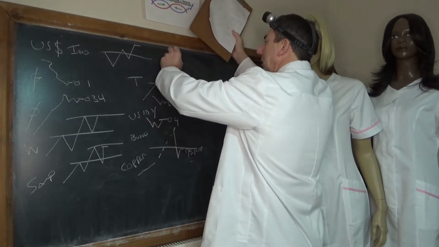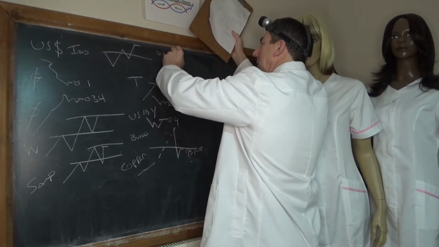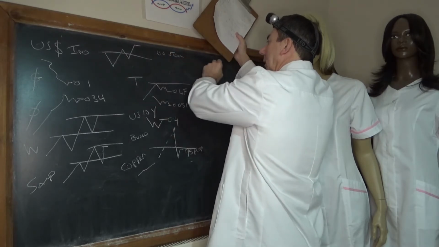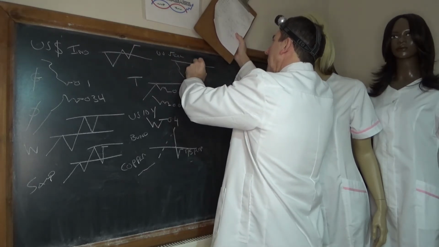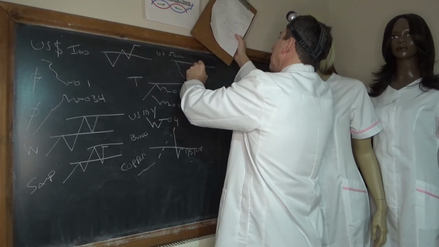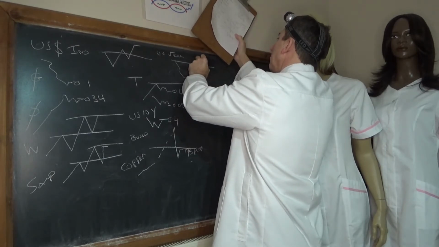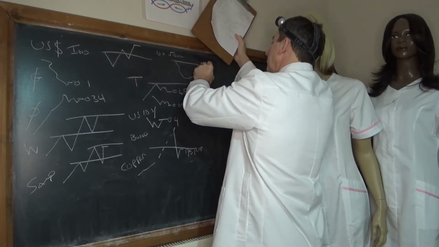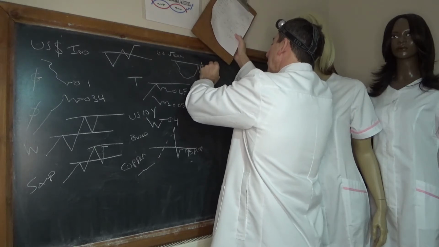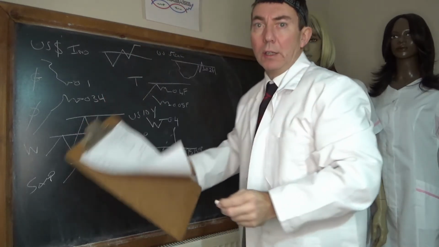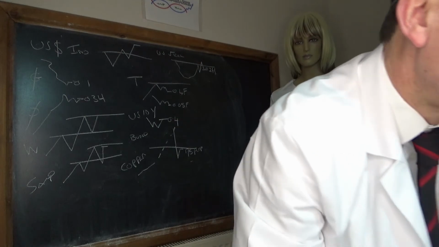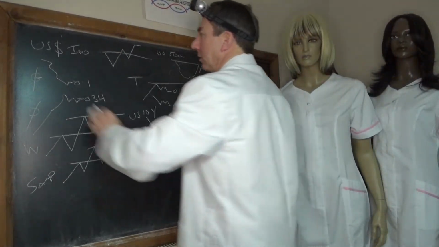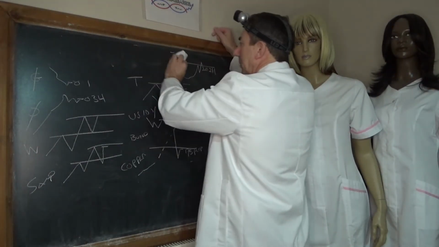And finally, US steel. It actually broke the double top and has come back to about 0.2 from the new high. Right, so that gives us some context and perspective on what's happening in the market.